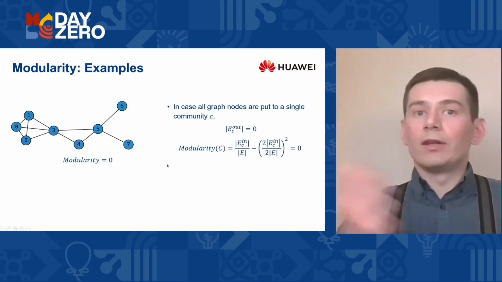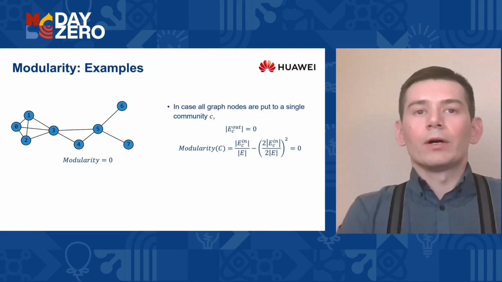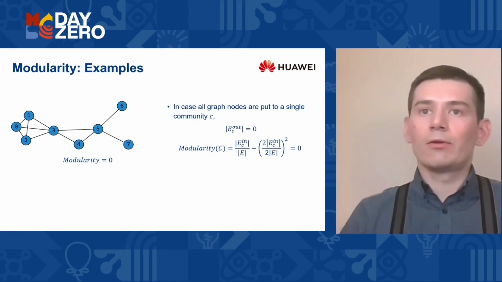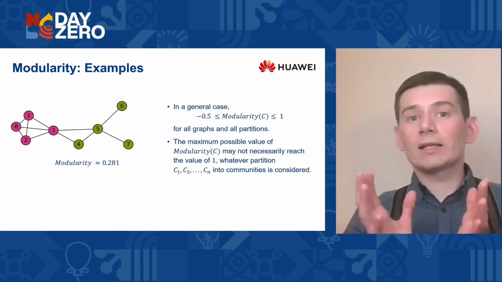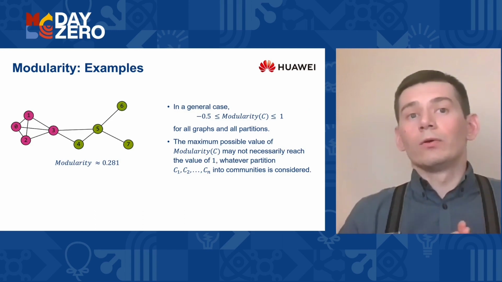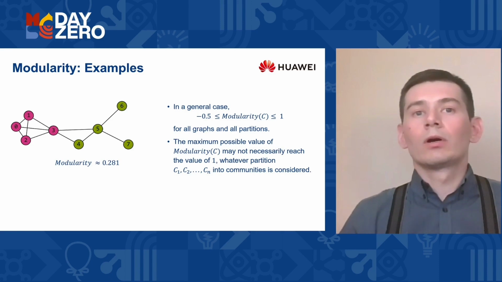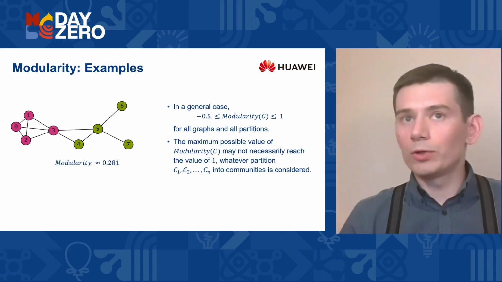If we consider another border case when every graph node is put into one big single community, then the modularity will always be 0. And so the balance will come when you have some nodes grouped into communities, and you should also take care about the size of this community.